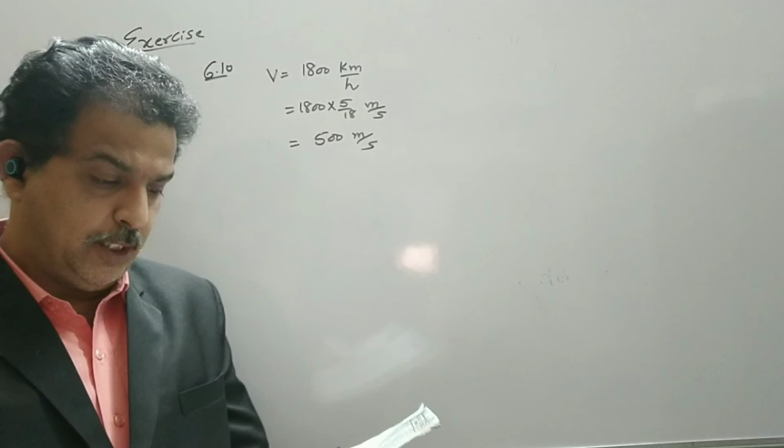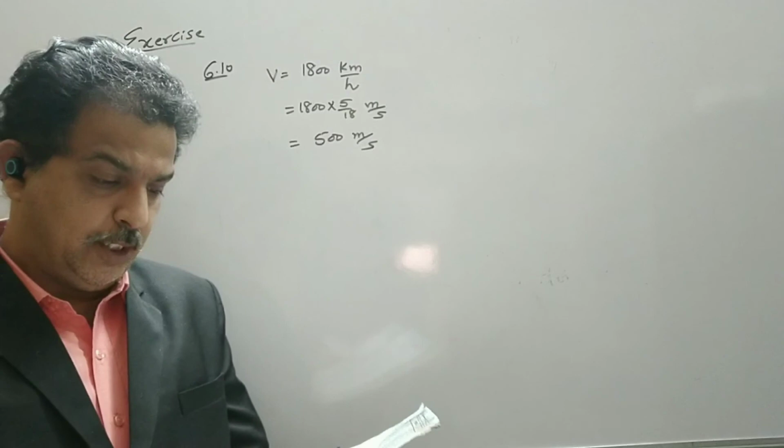Now see the direction of the current, the direction of the plane is west. So if we draw the situation, this is west, this is east, this is north and south. It is given that the plane is flying towards west. So if it is flying towards west, the wings will be in the direction north-south.